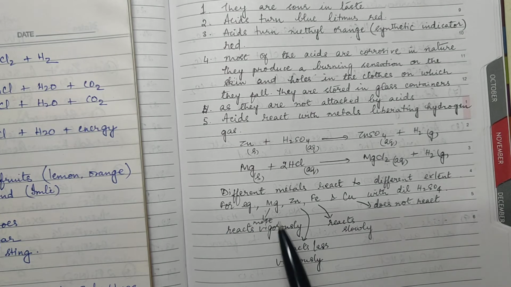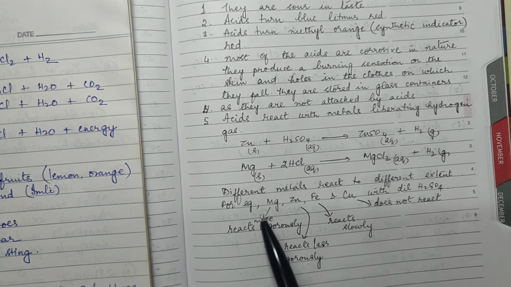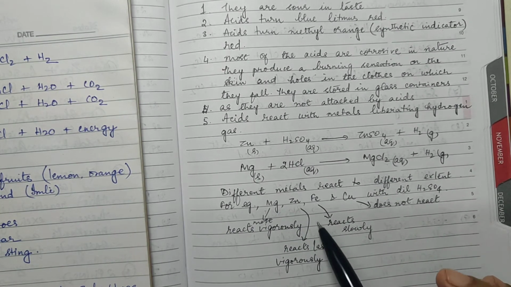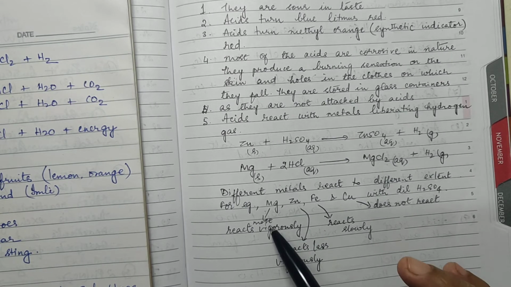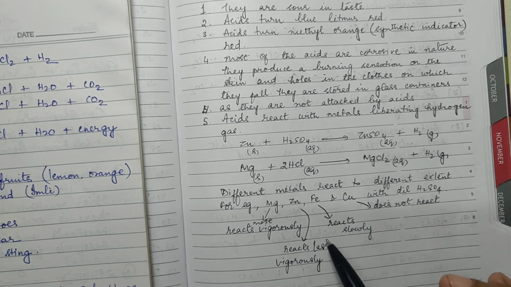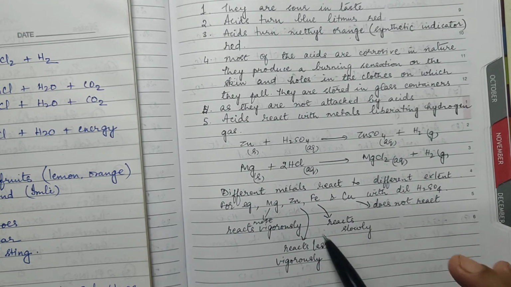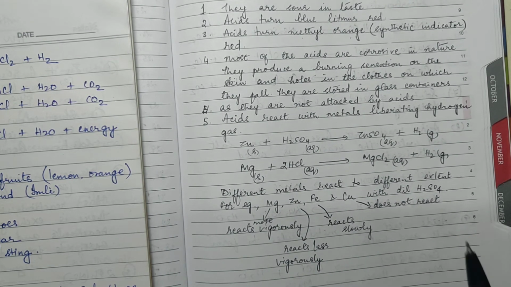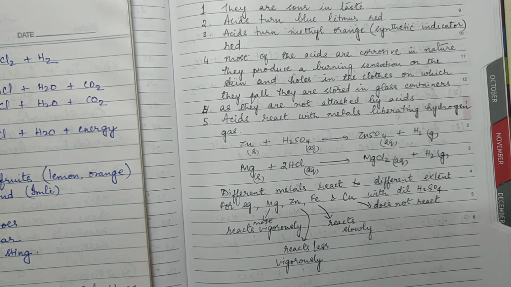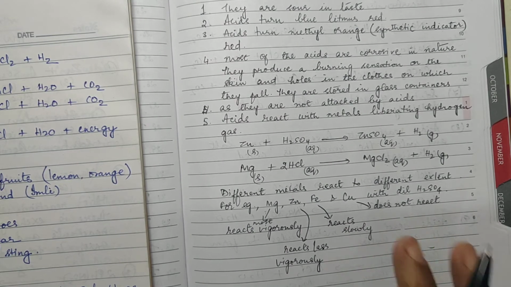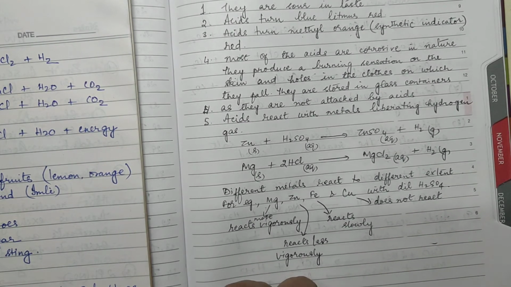Magnesium has been found to react most vigorously, zinc will react less vigorously, इससे कम होगा. Iron (Fe) reacts slowly, and with copper you will not find any reaction at all. Copper will stay at the bottom, no reaction is observed.